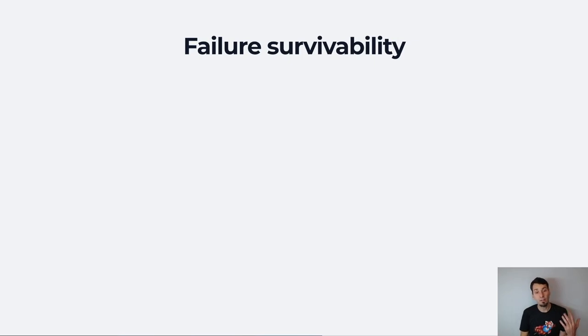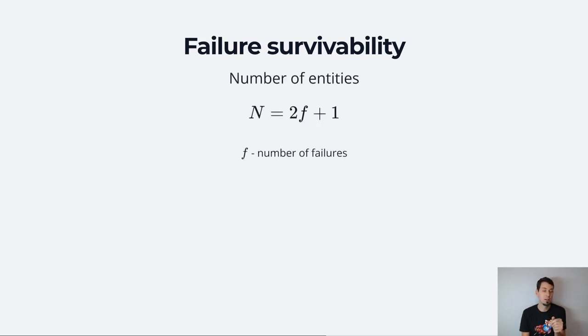With the hierarchical deployment model and the Raft protocol, stretch Raft protocol, we have failure survivability defined with a simple equation. This equation defines that if a partition, a Raft group, is required to survive F failures, it requires 2F plus 1 instances of a hierarchy level.